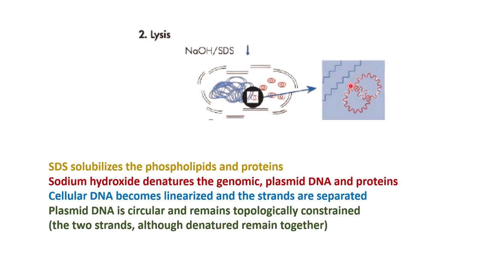So denaturation occurred and the protein also gets denatured. The cellular DNA becomes linearized and the strands are separated. The plasmid DNA also gets denatured, but being circular it remains topologically constrained, so the two denatured strands do not separate but remain together. Here lies our principle.